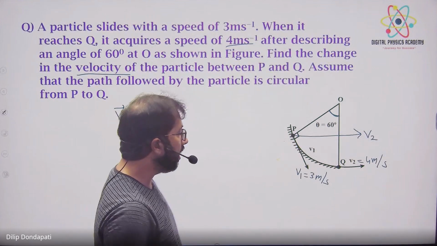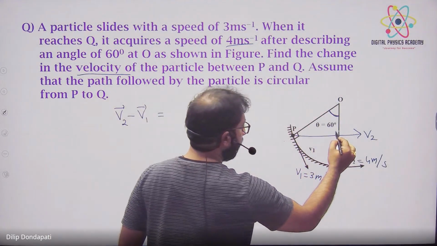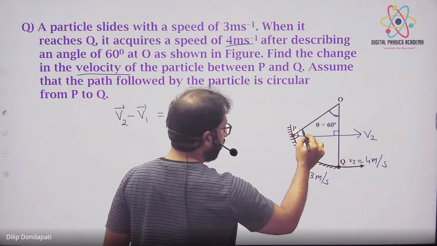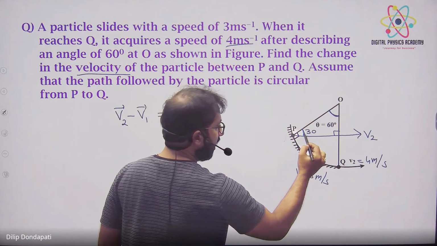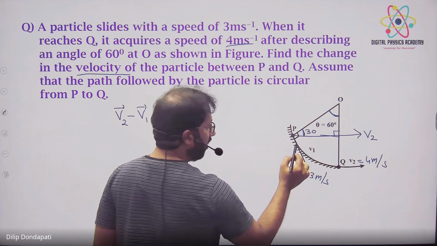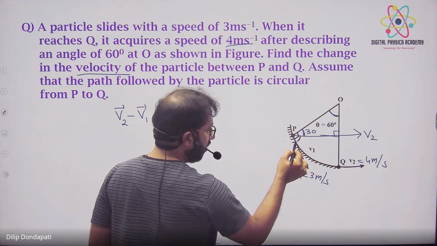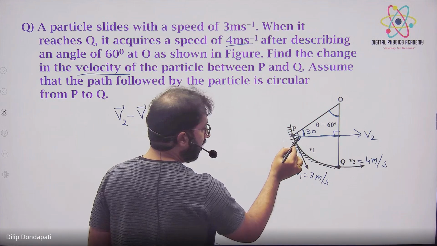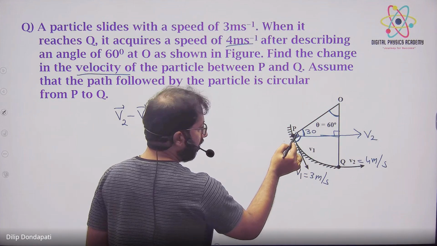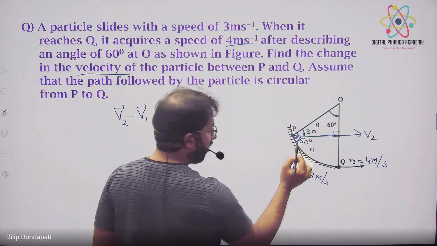Now angle try करो. This is 90. This angle is how much? 30 degrees. Because now it is a right angle triangle, 60, 90, this is 30. Now this angle is, total is 90, right? The given diagram. That's 60. So answer is 60.